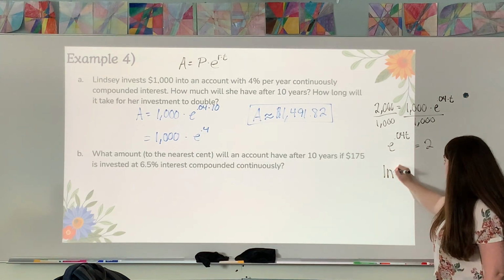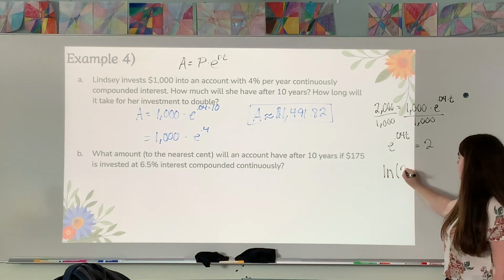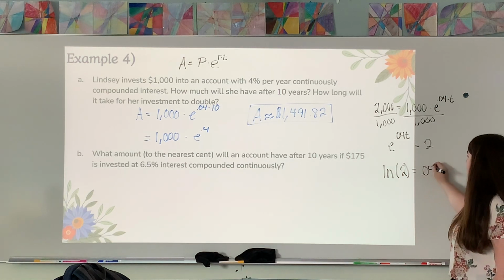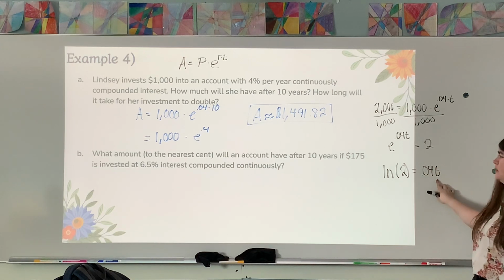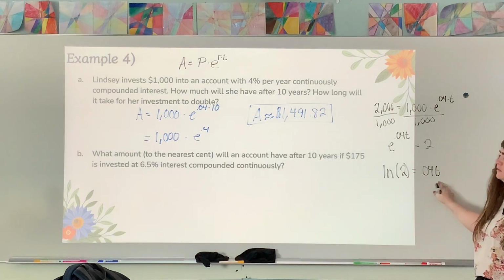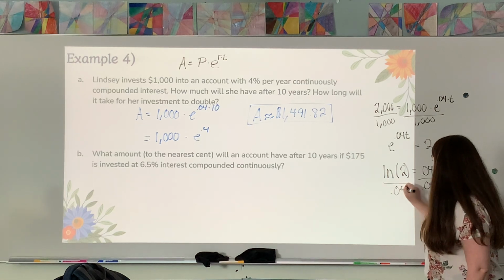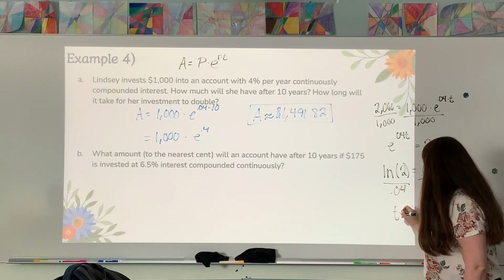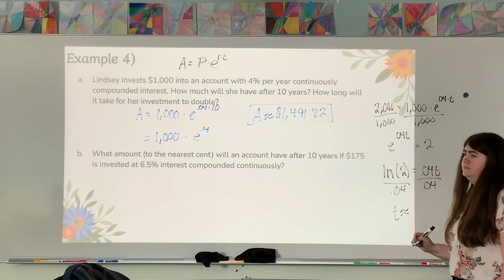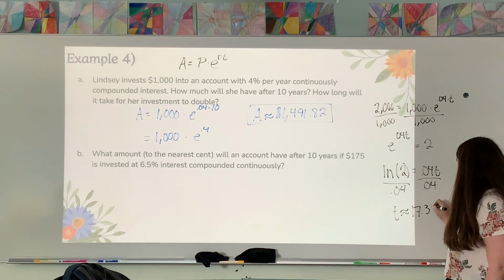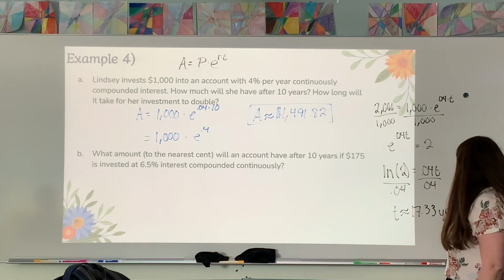So I have the natural log of the answer, which is 2, is equal to the power 0.04t. How do we get t by itself? Divide both sides by 0.04. So then t is going to be equal to what? Around 17.33 years.